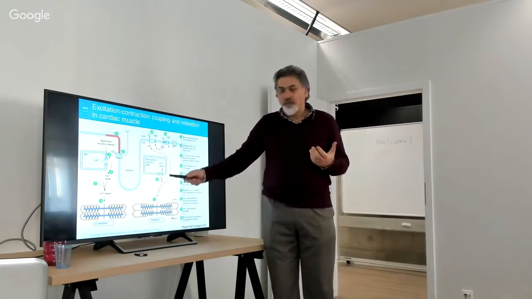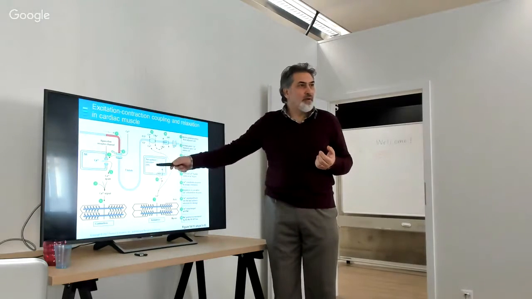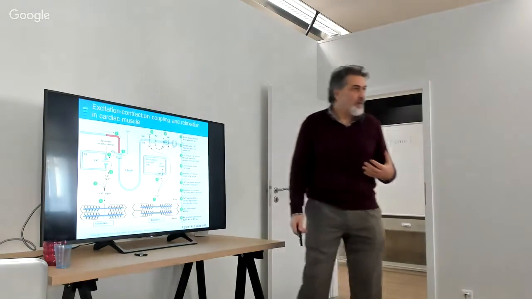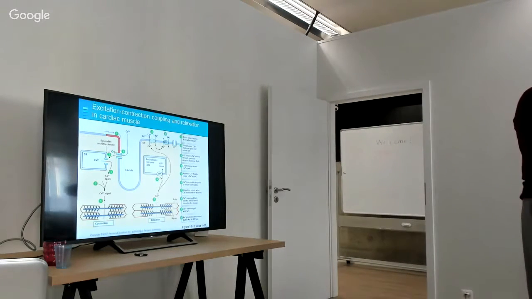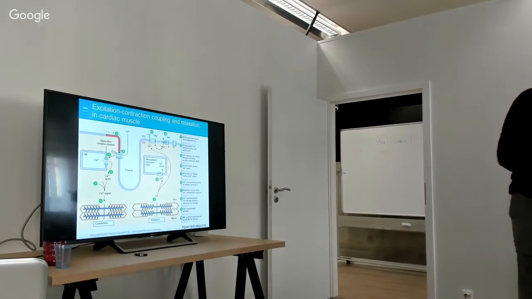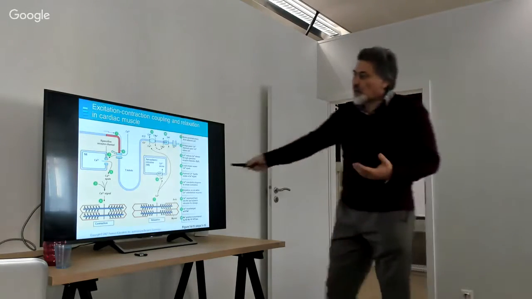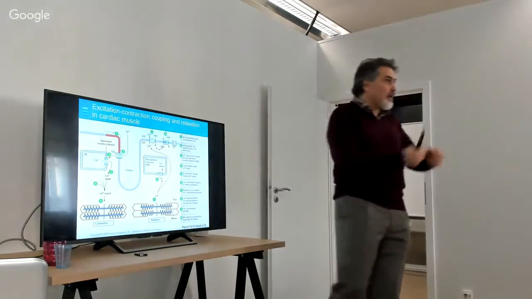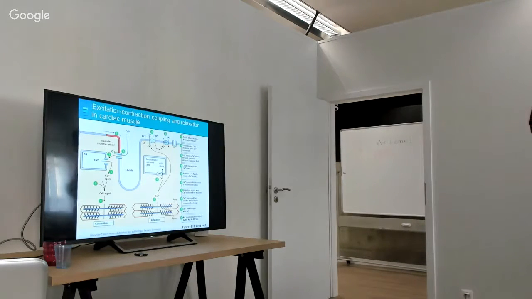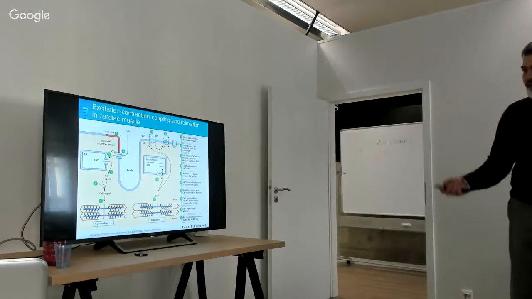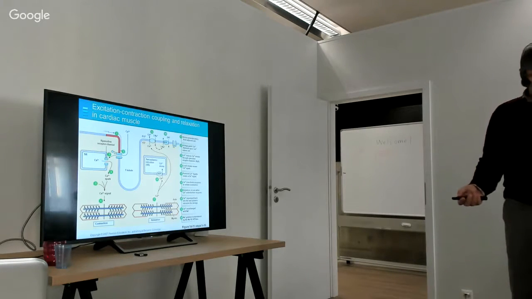Then the calcium is quickly removed from the sarcoplasm, so the calcium is available for the next beat. More calcium is removed from here, and the heart relaxes very quickly. This is the lusitropic effect. So we have inotropic effect, an increase in contractility, and lusitropic effect.